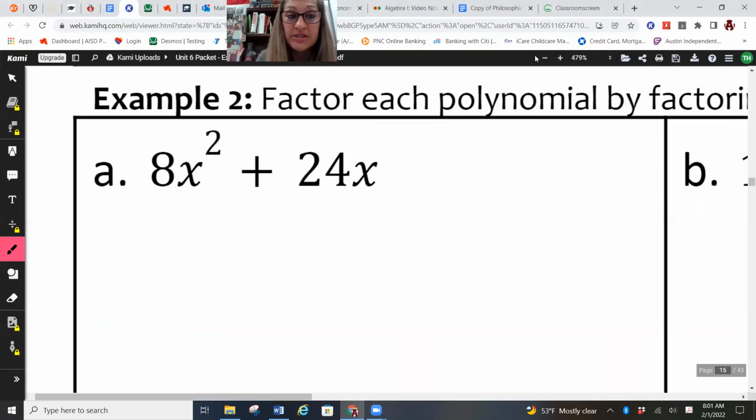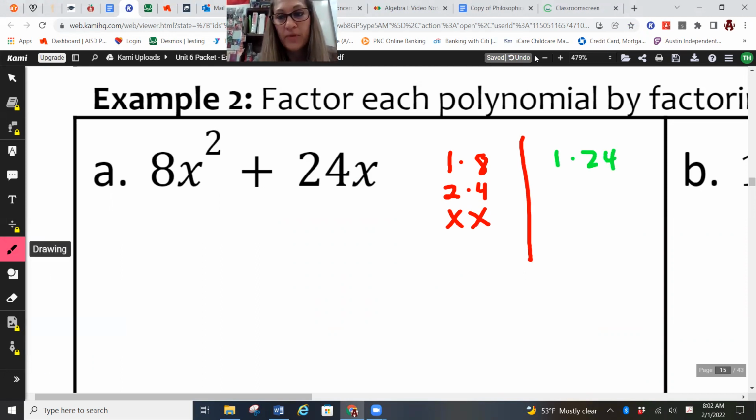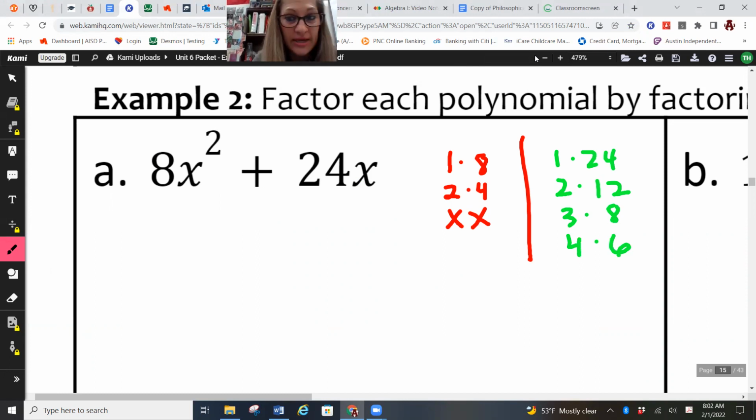So what multiplies to make it 8x squared? I'm going to do it over here on the side. 1 times 8, 2 times 4, and x, because x squared means there's going to be an x and an x. Now, the other 24, 1 times 24, 2 times 12, 3 times 8, 4 times 6, and that's it.